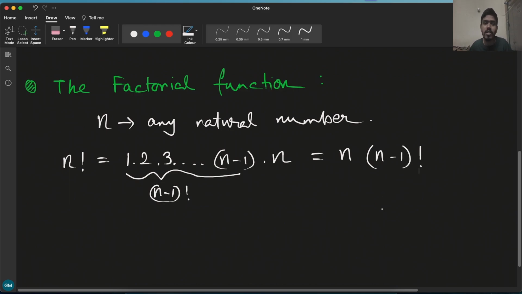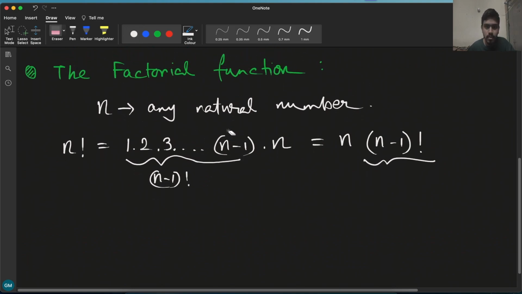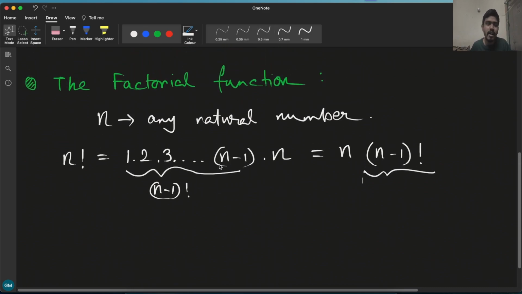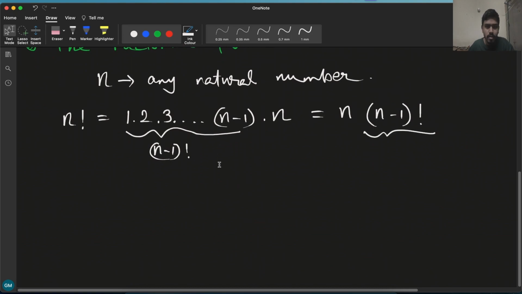So it's kind of a recursion relation. If I know n minus 1 factorial, then how can I calculate n factorial? I need to multiply it by n. These kinds of relations are called recurrence relations. So these n are taking natural numbers.